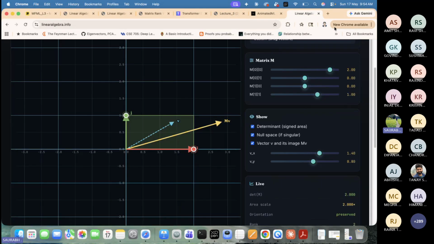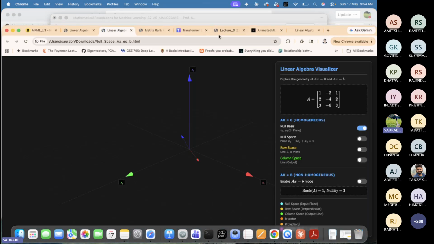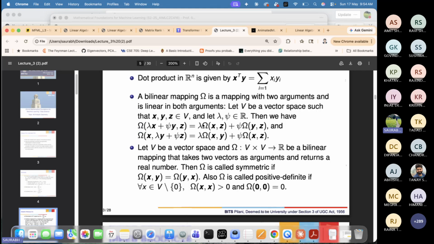So let me show it to you. This is that part, the bilinear mapping. It says that when you add two vectors and take the inner product of it, let's say when you scale the first vector, scale the second vector, this is the scalar multiplication and vector addition part, the first part.